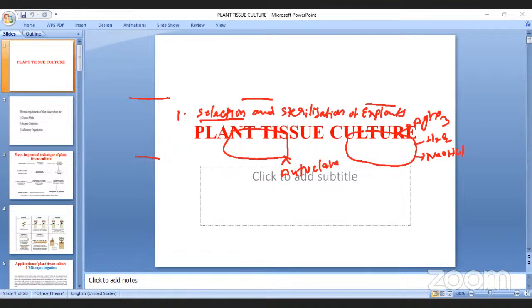Selection and sterilization of explant are explained. Now the second step is preparation and sterilization of culture medium.